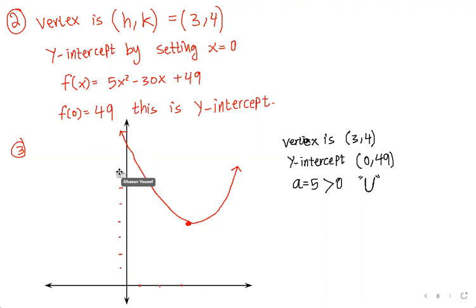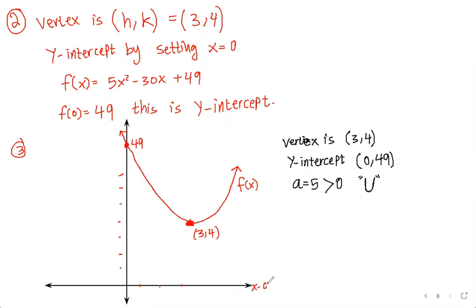This point here is 49. This point here is (3, 4). This function is f of x.